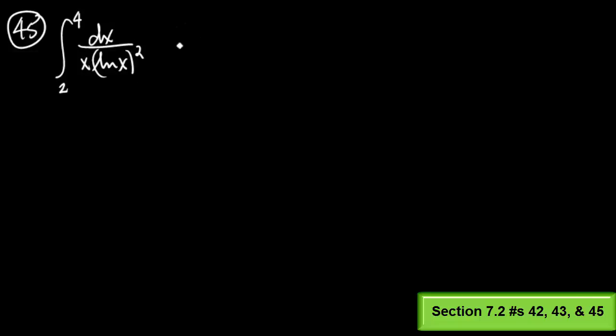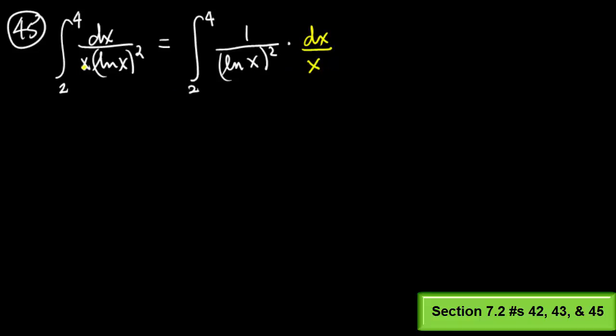And again, let me rewrite it this way. It's going to be the integral from 2 to 4 of 1 over the natural log of x, whole thing squared, multiplied by dx over x. Do you see how I just rewrote everything? That way you can recognize that this should be our u, the natural log of x, because you have a du right there.